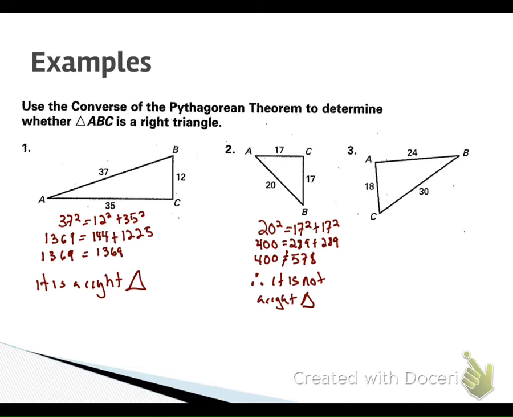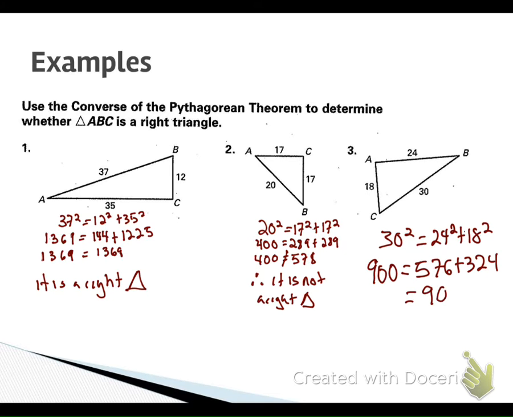Okay, and our last one. Raya, you ready? So 30 squared equals 24 squared plus 18 squared. What's 30 squared? 900 equals 576 plus 324. 900 equals 900.